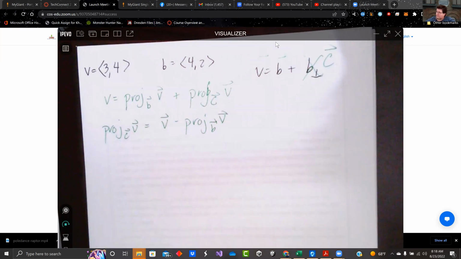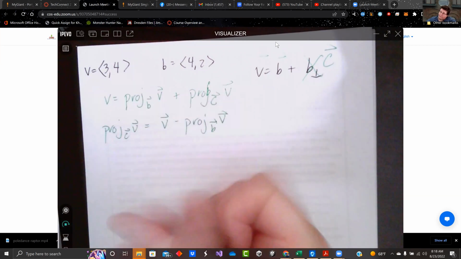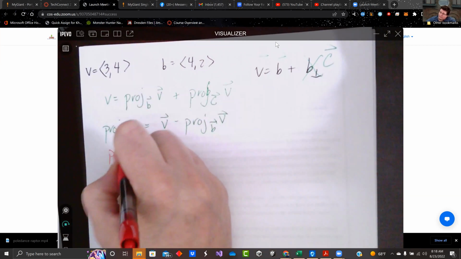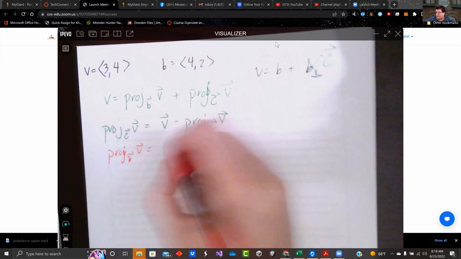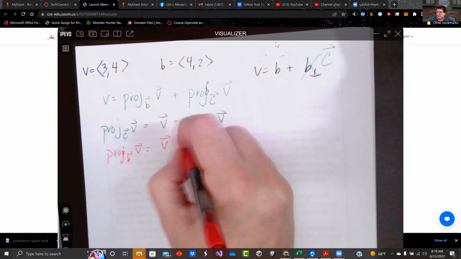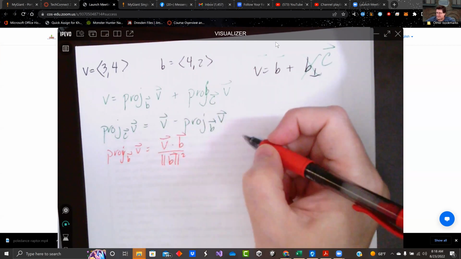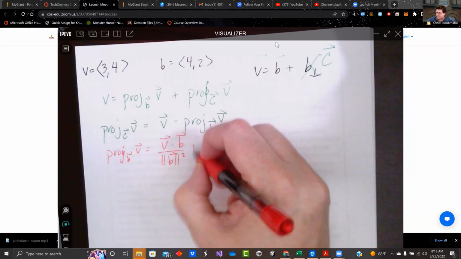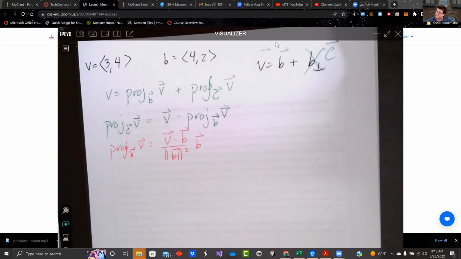So projection of V onto B. We have the dot product over the magnitude of B squared. That gives us a scalar value, and then we multiply it by B to give it a direction.